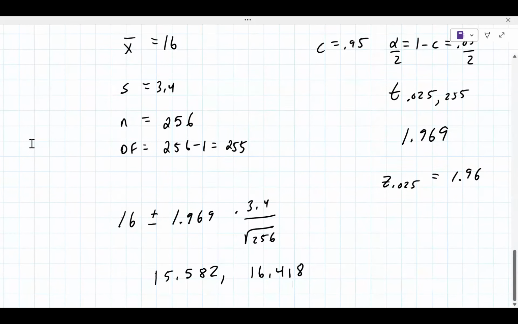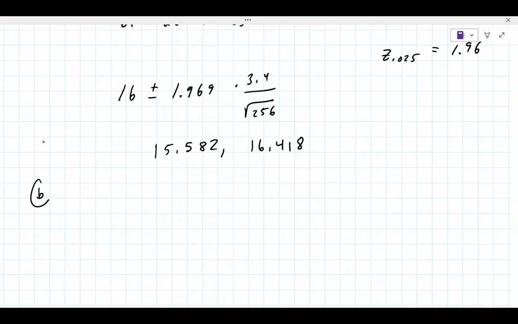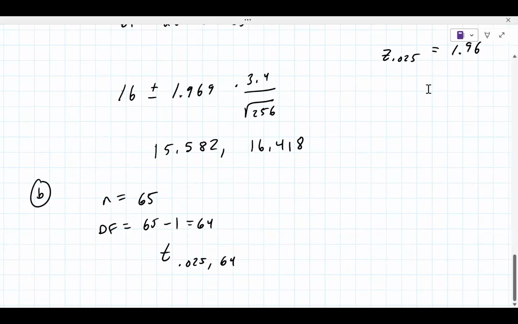So for part B, they're telling you that N is now 65, which means your degrees of freedom is 65 minus one, or 64. So your T value of 0.025 comma 64, you're going to go to row 64 and then look for the column where it says 0.025.